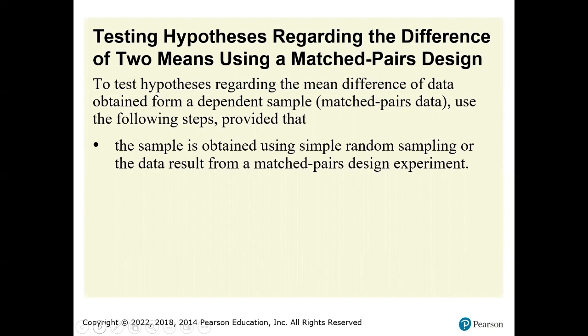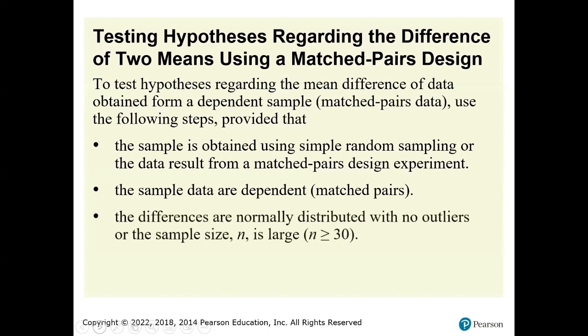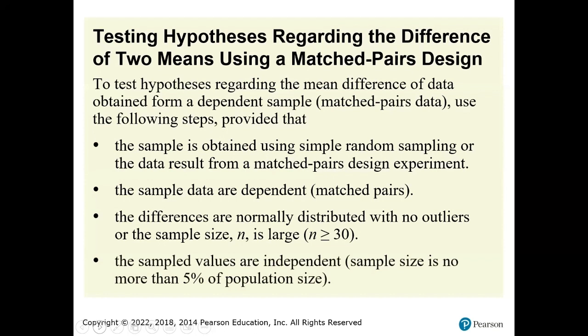That makes it a matched pairs, and you just make sure that, of course, those people were randomly sampled. We want to make sure that, of course, these are dependent samples. We want to make sure that they come from a normally distributed data set, or that the sample is greater than 30. And our samples are, of course, no more than 5% of the population.